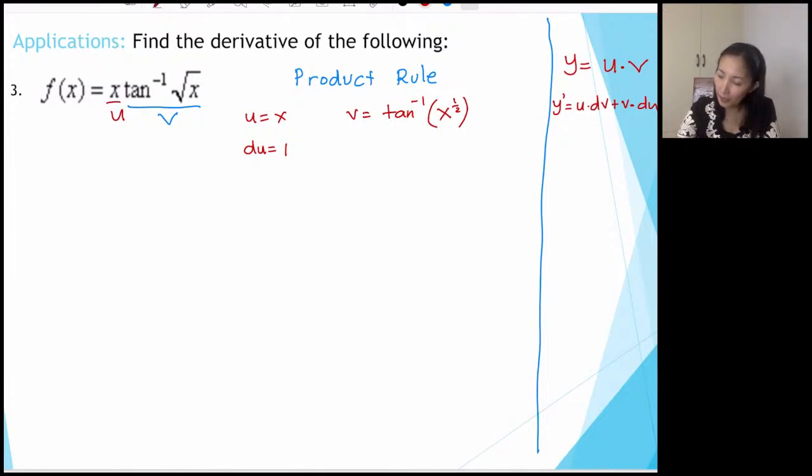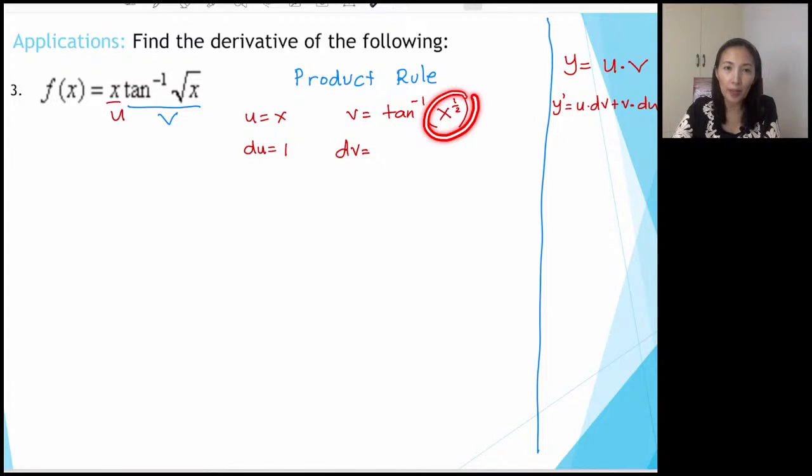So, dv is equal to, okay, going over your list of formulas for inverse trigonometric functions, what is again the derivative of arctan? Arctan is equal to 1 over 1 plus x squared. However, the argument here is not x, but x raised to 1/2, or the square root of x.